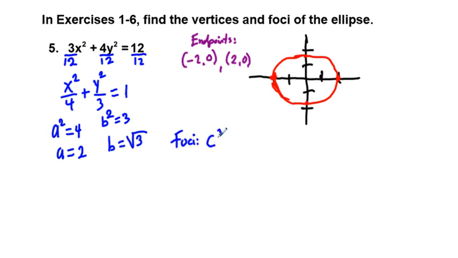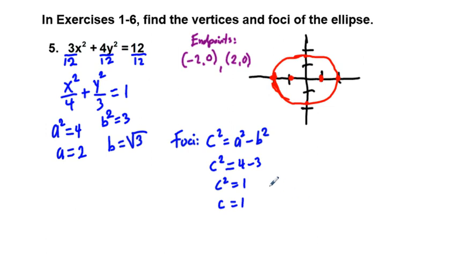And so for the foci, we have c squared equals a squared minus b squared. So c squared is equal to 4 minus 3. So c squared is equal to 1. So c therefore is equal to the square root of 1, which is 1. And so now we can just place the foci, I'm just marking them right there. Looks almost like a little face.